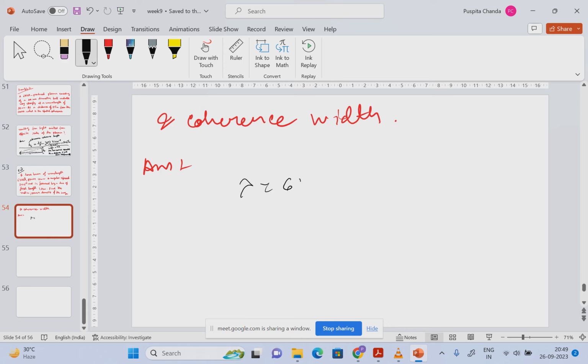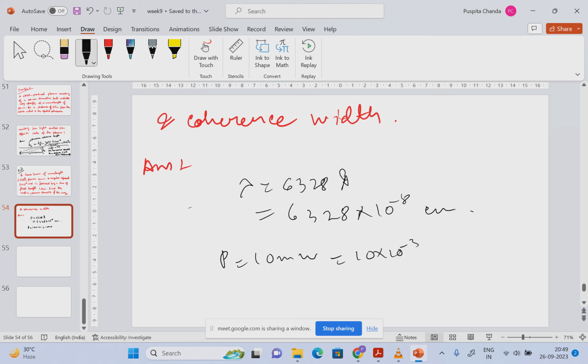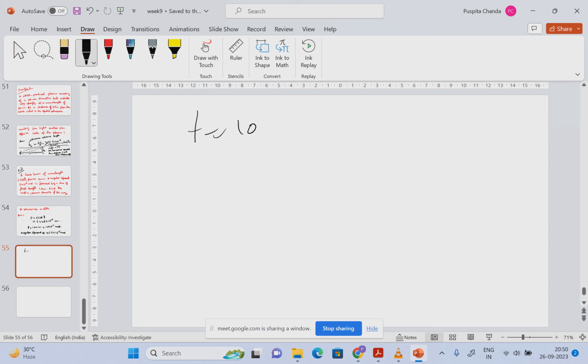So lambda is equal to 6328 angstrom, or it can be 6328 into 10 to the power minus 8 centimeter. Power is 10 milliwatt, which is 10 into 10 to the power minus 3 watt. Angular spread theta is 1.5 into 10 to the power minus 5 rad. F is equal to 10 centimeter.